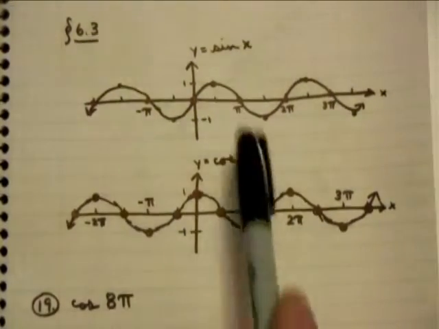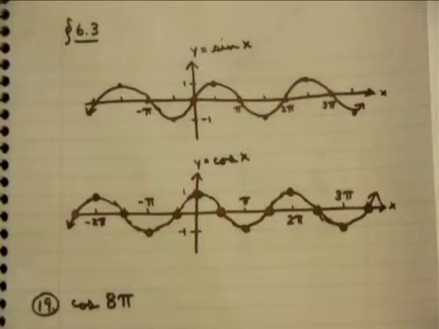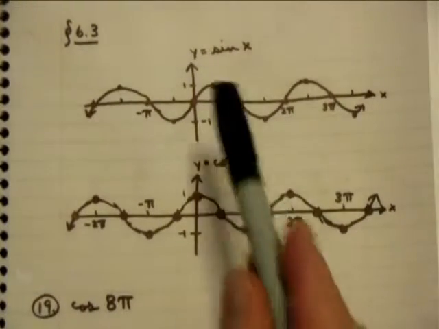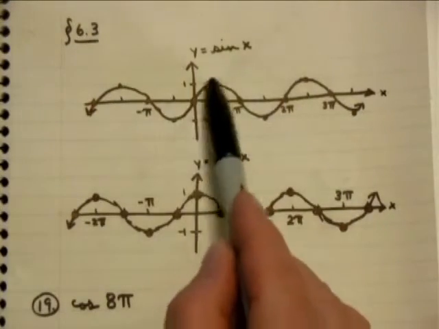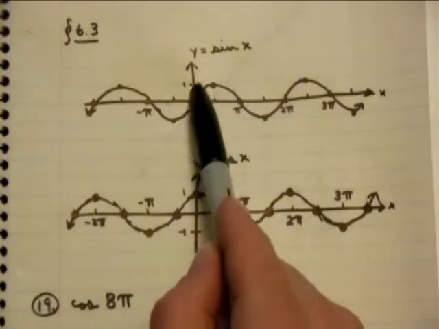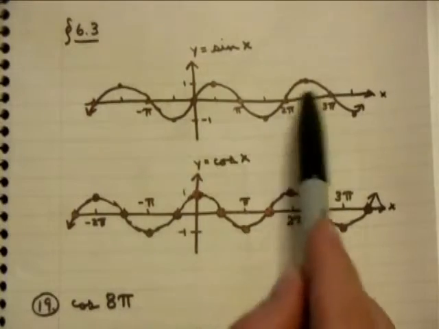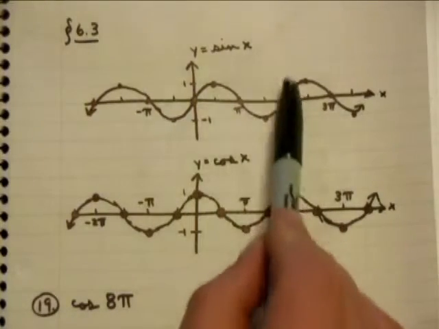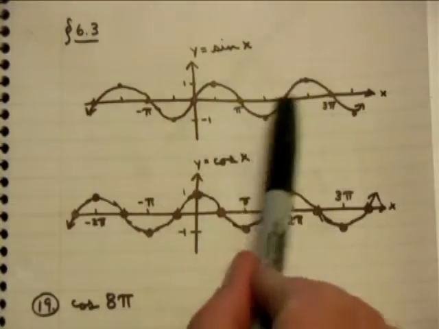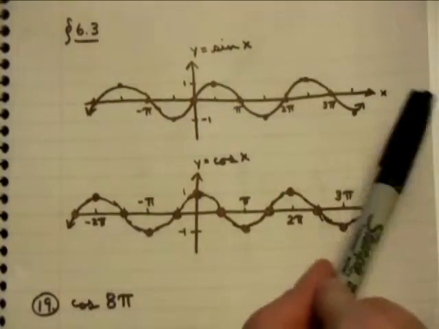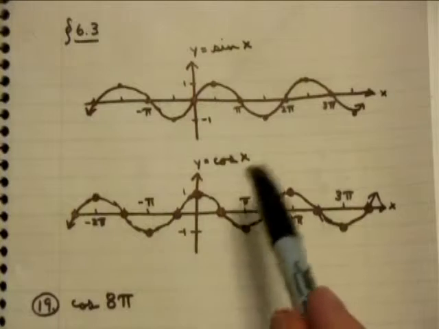So sine and cosine are what is referred to as a periodic function because it repeats, in this particular case, every length of 2 pi on the x-axis. You could take that slice of the graph and just copy and paste it infinitely to the right and infinitely to the left.